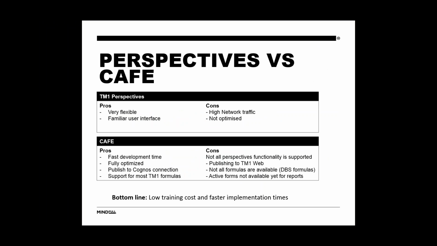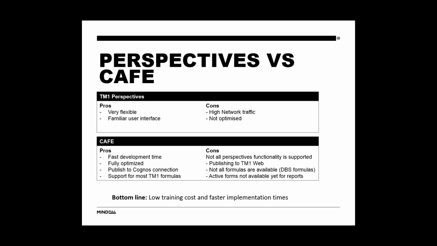instead of Perspectives. I've just got a quick table to contrast the two. I guess there are pros and cons to everything. The TM1 Perspectives client is very flexible and very familiar to a lot of users. The key issue with it is that if you've got people based in different regions or different areas, then you won't get good performance unless you implement Citrix or you deploy your applications on the web.